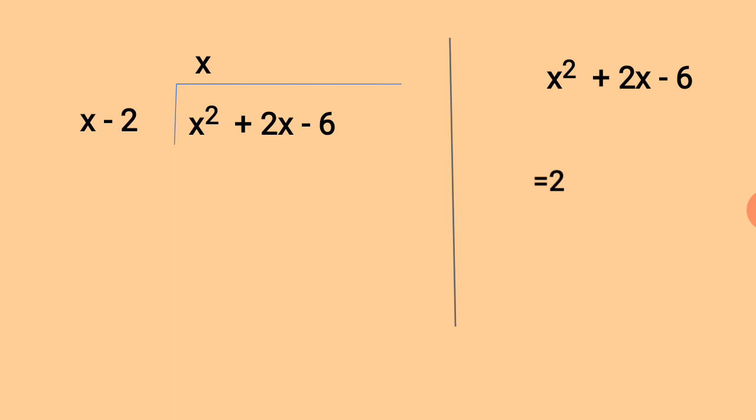That will give you x square, which is nothing but the first term of your dividend, that is p of x. So this is how you will have the answer. The quotient x multiplied by x in the divisor gives you x square. And the x in the quotient multiplied by minus 2 in the divisor will give you minus 2x. Here you are actually multiplying a monomial to a binomial. So the answer is a binomial.